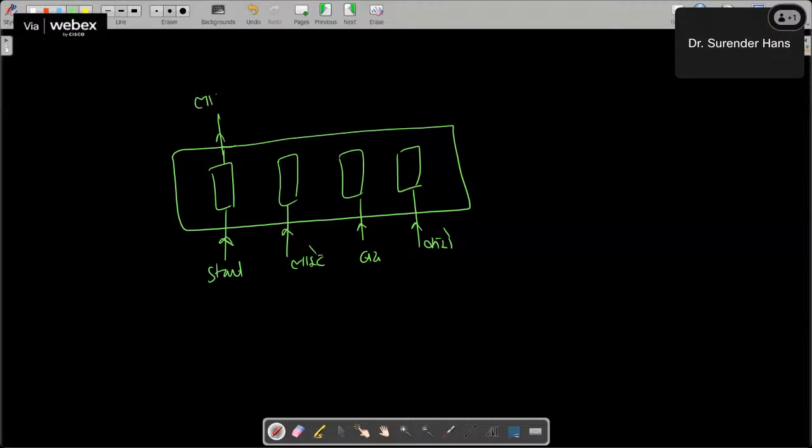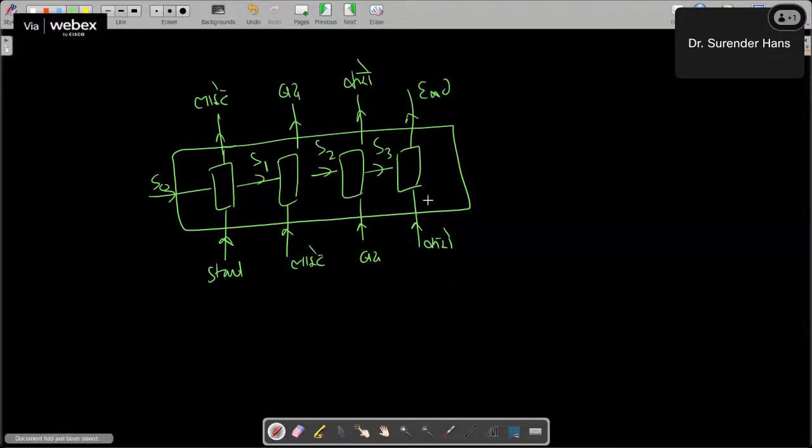So here the input is, sorry, the output of the LSTM at different time steps, and this is the S node. Here this S1, this one is S2, this one is the previous hidden state in this decoder.